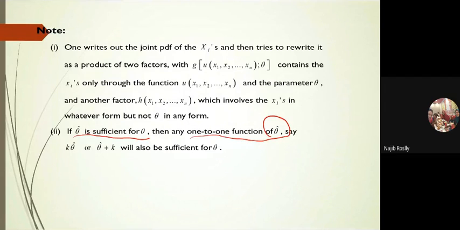As long as it is a one-to-one function, for example k theta hat plus k. Based on our previous example, we have x bar, which can be written as summation xi over n. So again, x bar is a sufficient statistic and summation xi is also a function of the sufficient statistic.